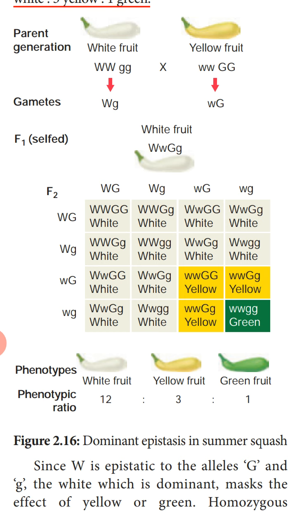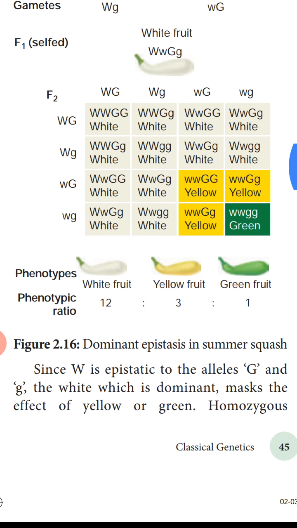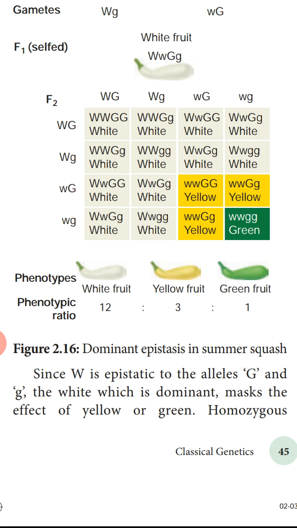So here the explanation is given. Since capital W is epistatic to the alleles capital G and small g, the dominant white masks the effect of yellow or green. So that is the epistatic gene. It masks the effect of color, that is, the yellow or the green color.